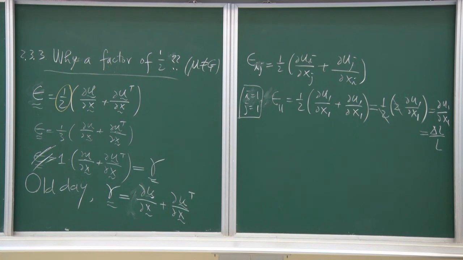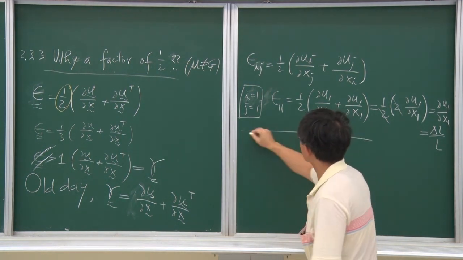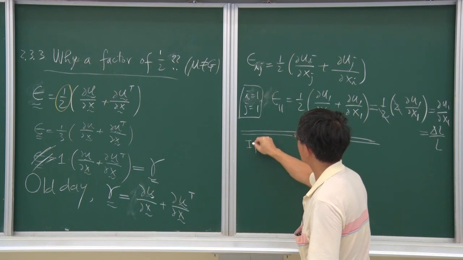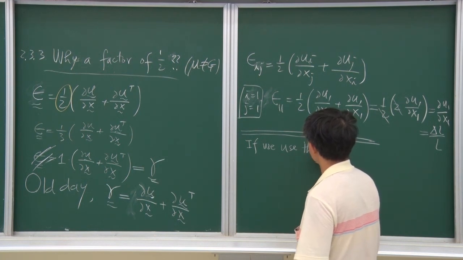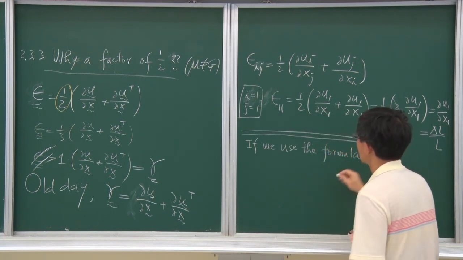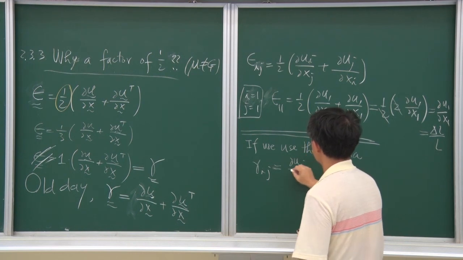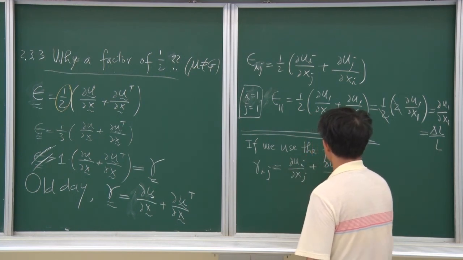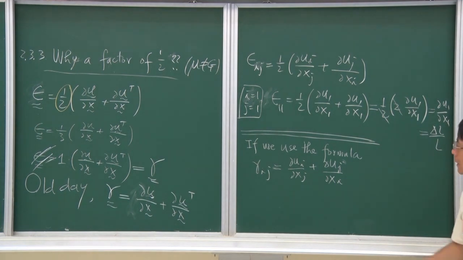So remember, if we use the formula like this, gamma ij equal 10, then we will have a very weird result, okay?